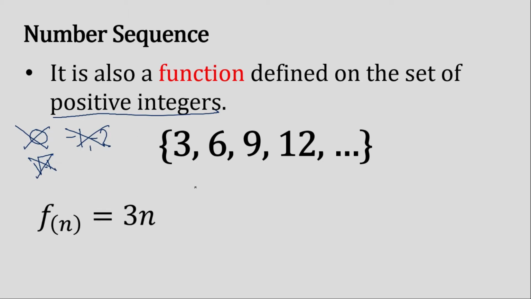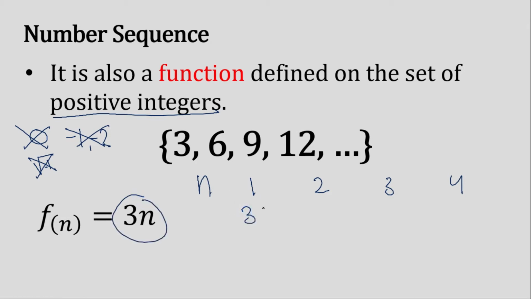Now let's try to see if this is a function for this number sequence. So let's consider n to have values of 1, 2, 3, and 4. The values of n are all positive integers. Now let's substitute the values of n into 3n.